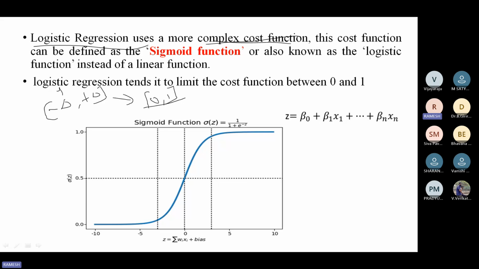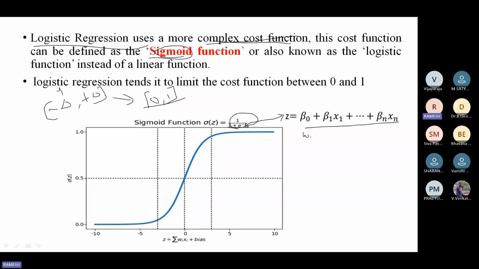Here in logistic regression, the activation function is the sigmoid function. The sigmoid function is 1 by 1 plus e power minus z. So how can we get the z value? The z value we can get directly from the parametric method. That is, z is equal to beta naught plus beta 1 x1 plus beta 2 x2 and so on, beta n xn.